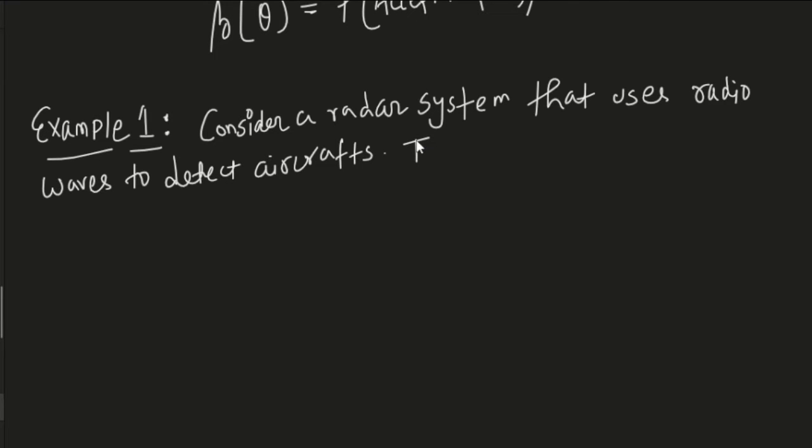Consider a radar system that uses radio waves to detect aircraft. The system receives a signal, and so understand the problem carefully first. Read it once again when I finish. When I finish the problem, then after a while we can start discussing the solutions one by one, because there are multiple parts to this problem as well.